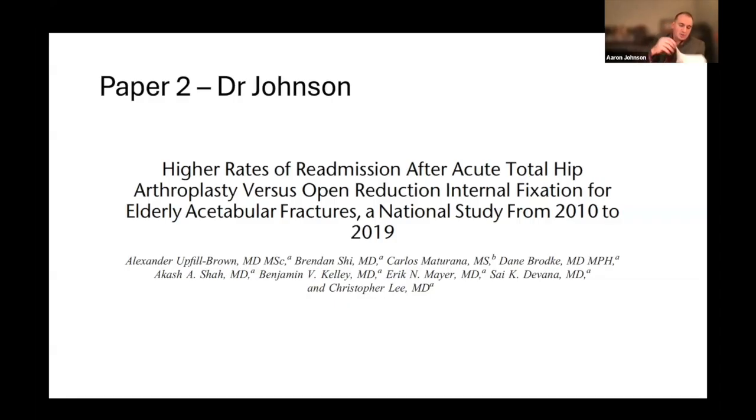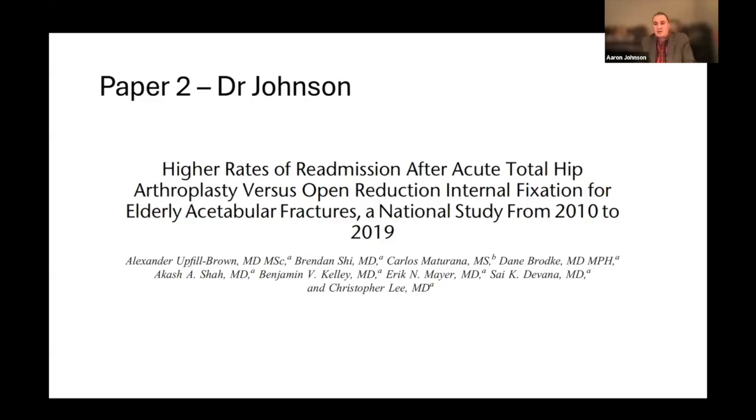Their conclusions then also, and I think a lot of the papers hint around this, were that low energy elderly acetabular fractures will become increasingly common, and that this study defined a potential trade-off between total hips and ORIFs, which I agree with. But I don't know that this is a study of low energy patients, right? You can't really piece that out of the data.